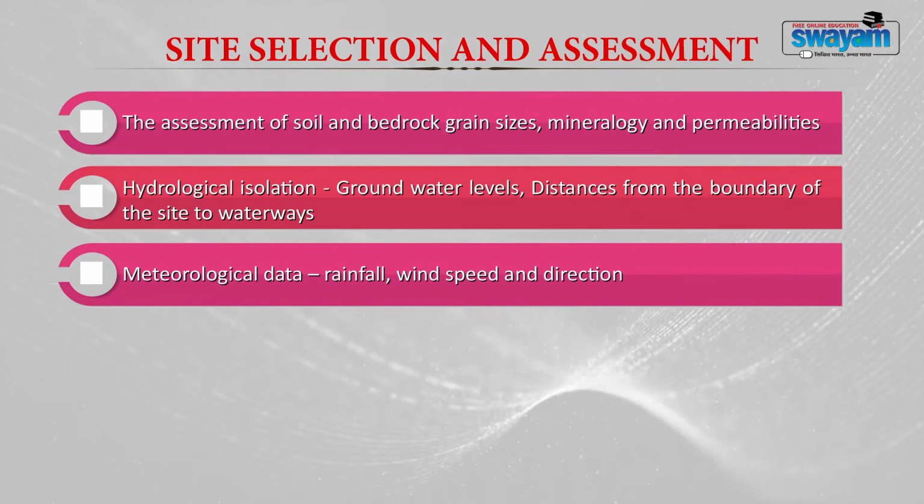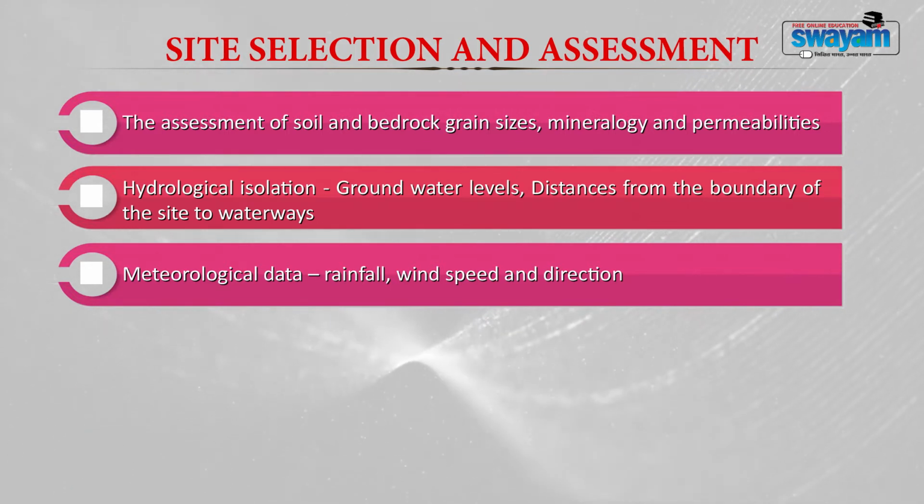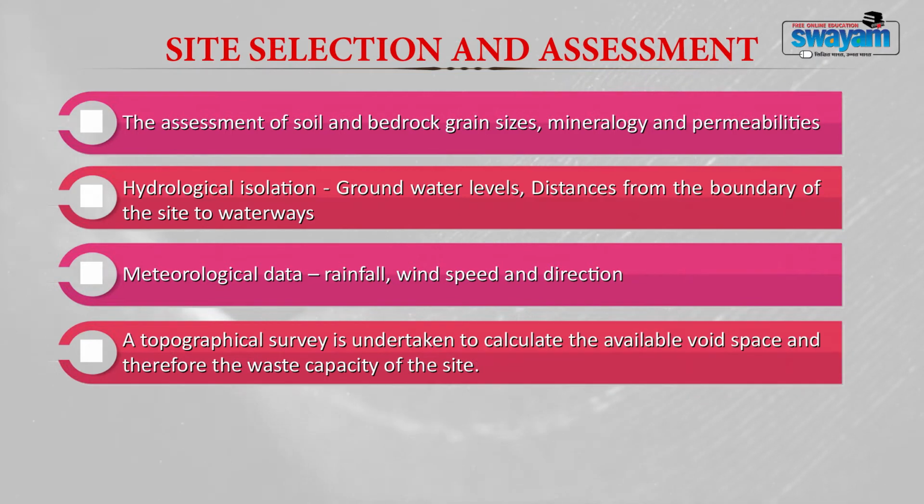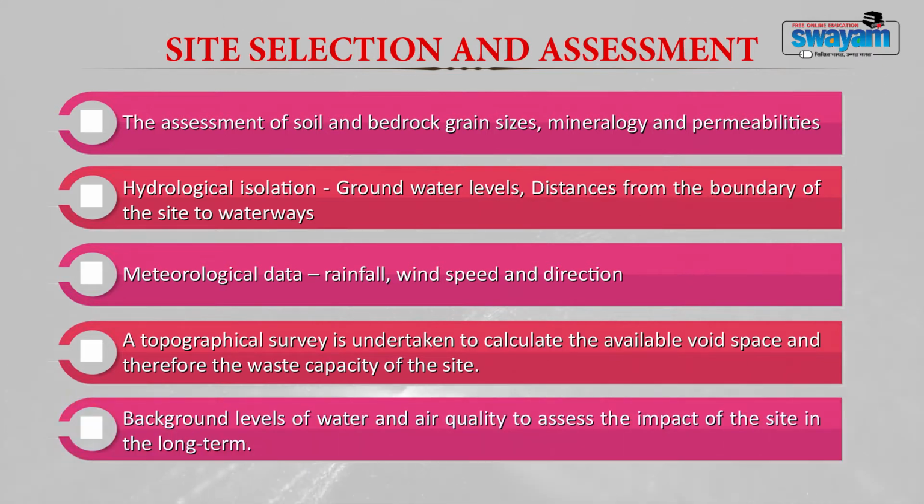Then before, while or after you select a site, a topographical survey should be done. This is generally undertaken to calculate the available void space, so that you can find out how much waste can be loaded in that particular site. Also, you should know the background levels of water and air quality.